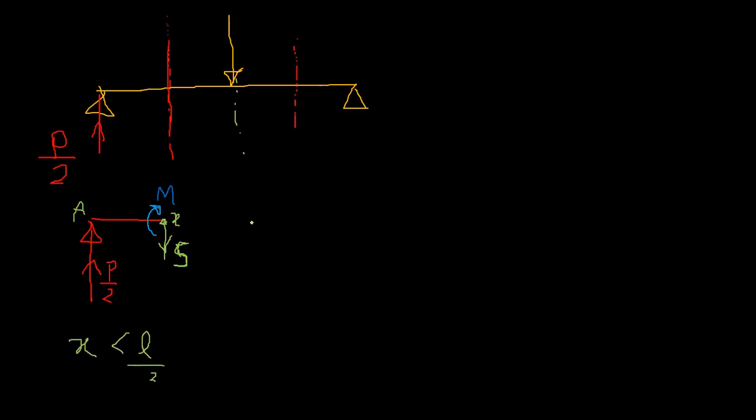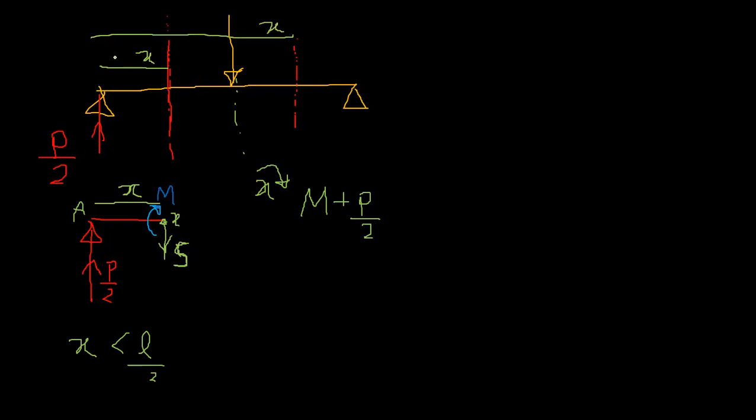I can write the bending moment about X, so the shear is not coming. M is clockwise positive plus P over 2 into this distance X. Cut from X. Here X is less than L by 2. Here X is greater than L by 2.